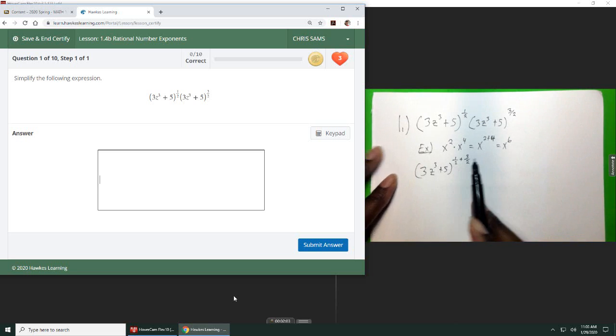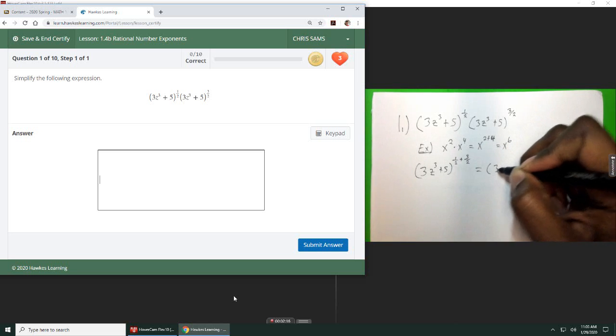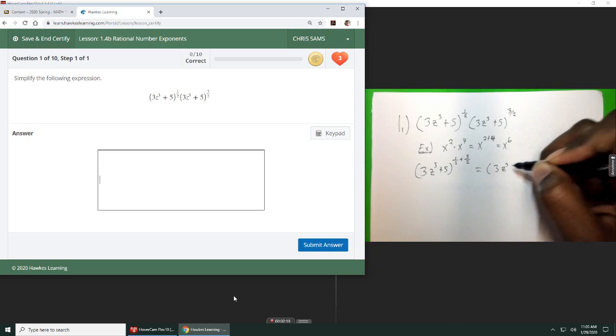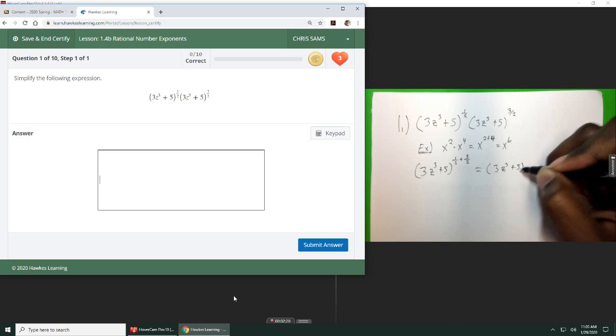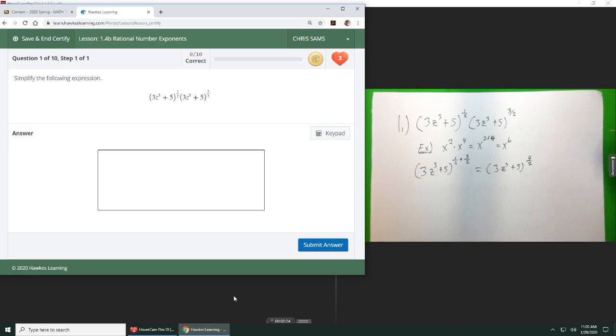So you just add the exponents. Now, nice that they've done for us, the denominators are the same, because when you add fractions, the denominator has to be the same. If they are, you just add the tops. And you get 3z cubed plus 5, and then 1 plus 3 gives you 4 divided by 2.